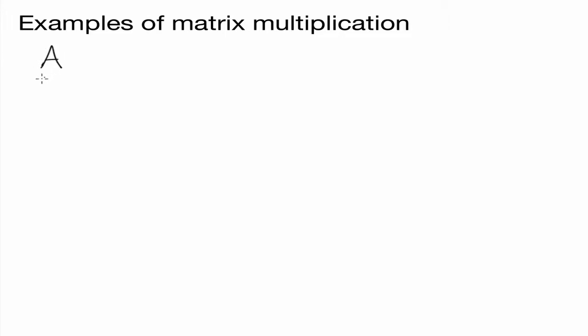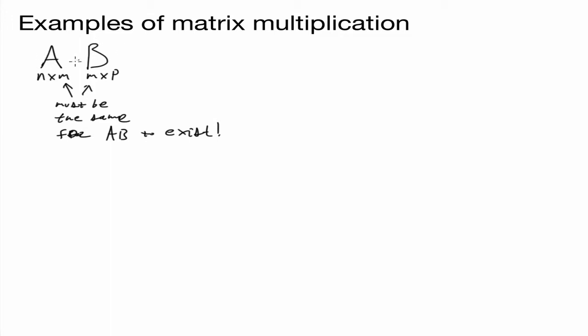In the abstract, of course, we have a matrix that's n by m, and we want to multiply it by a matrix that's m by p. We require these to be the same for AB to exist.